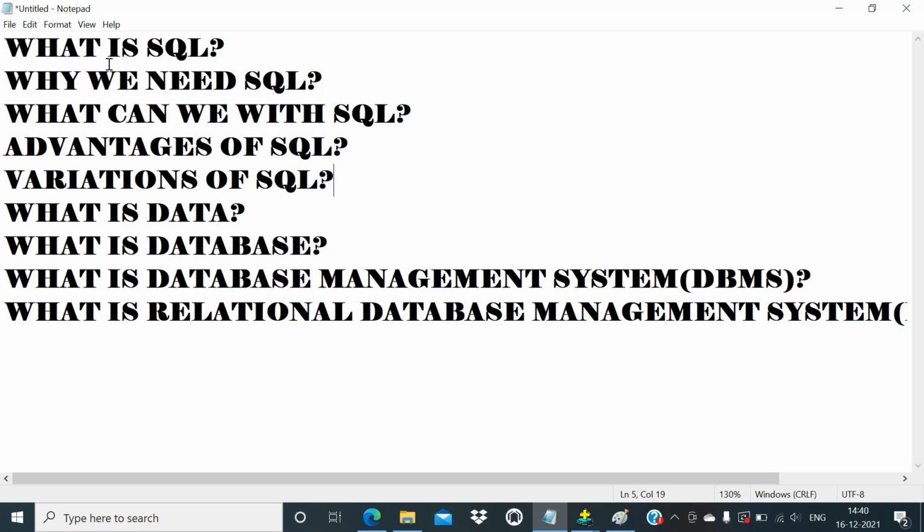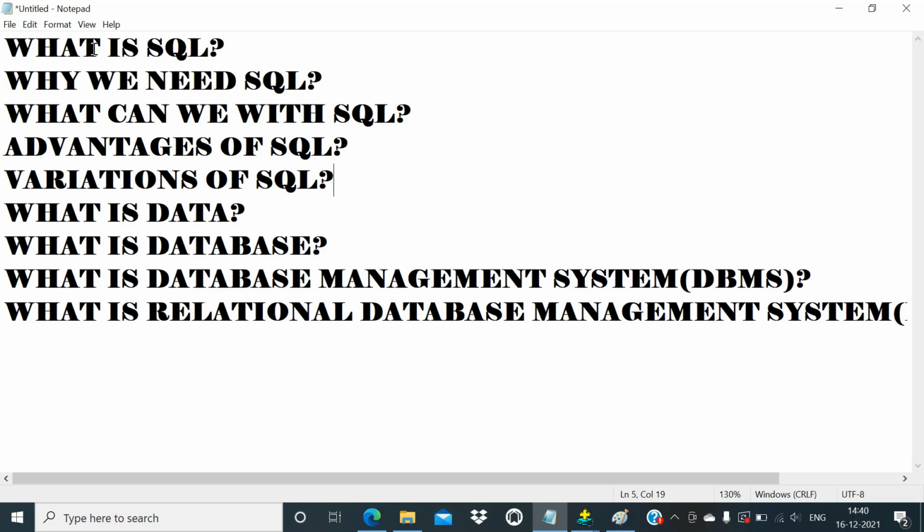Why we need SQL? So yes, as I said, SQL is used to communicate with a database. With this SQL only we can communicate. There are many languages like Python, Java, C, C#, but the response which we get is different with different languages.